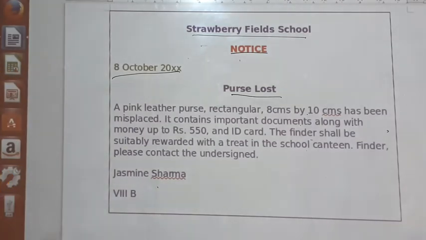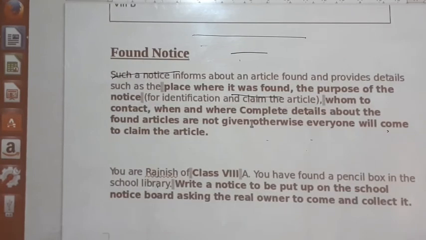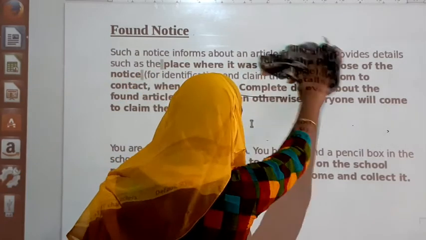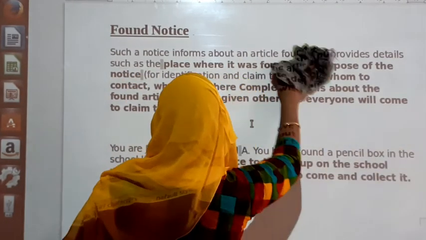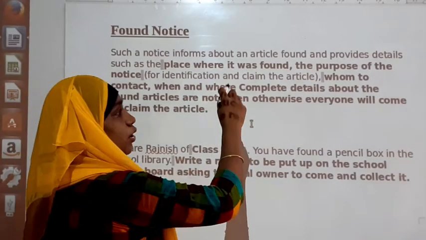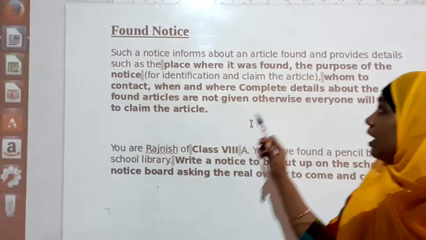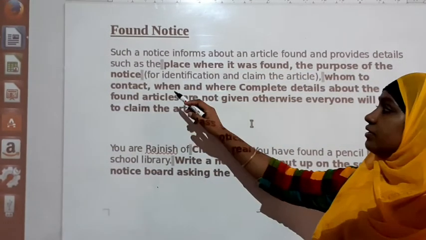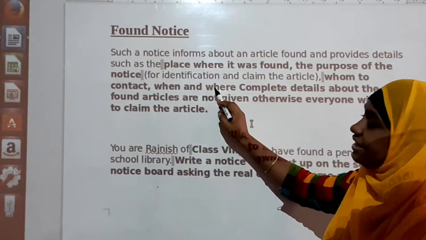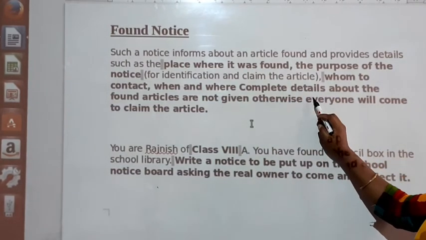Now next, the last type, that is the found notice. You can see here, such a notice informs about an article found and provides details such as the place where it was found, the purpose of the notice, for identification and claim of the article.